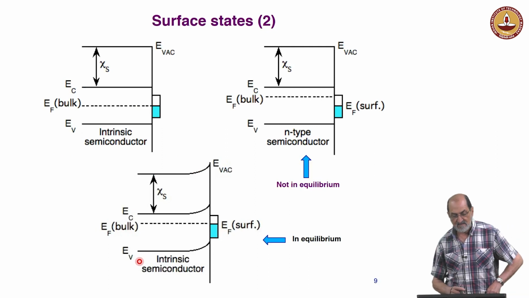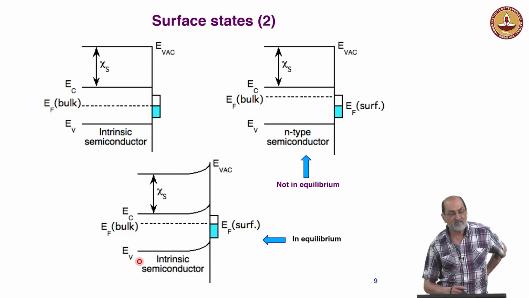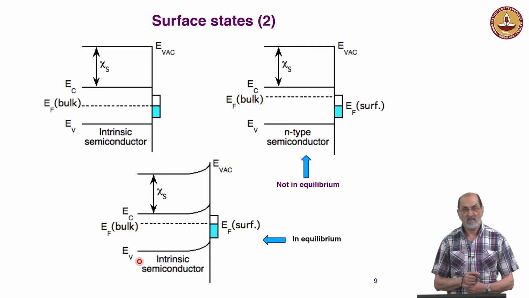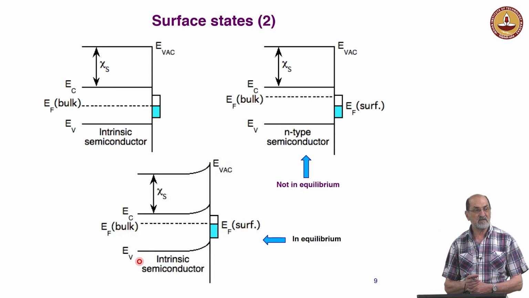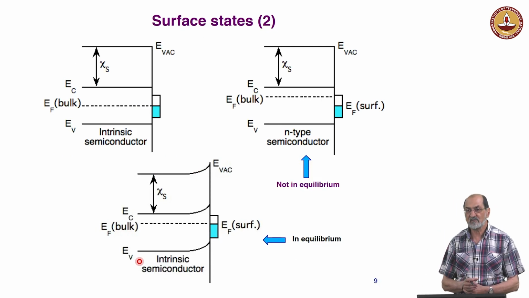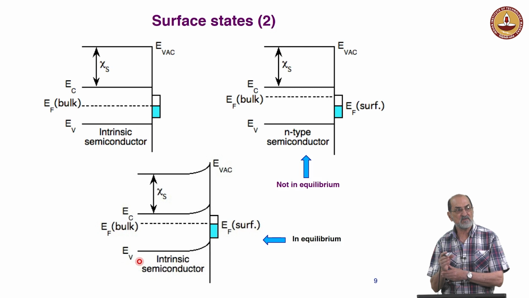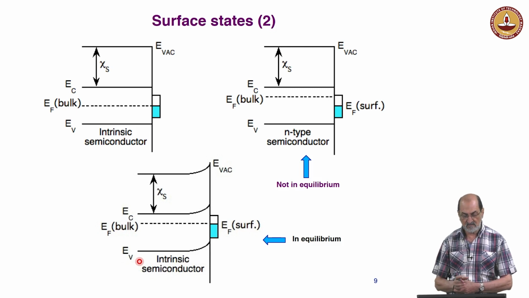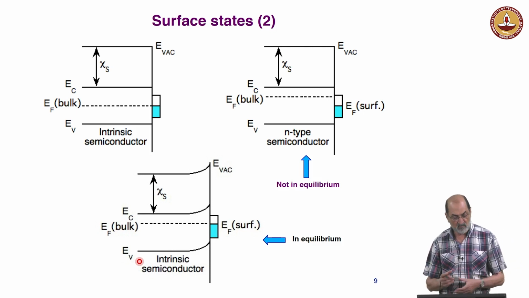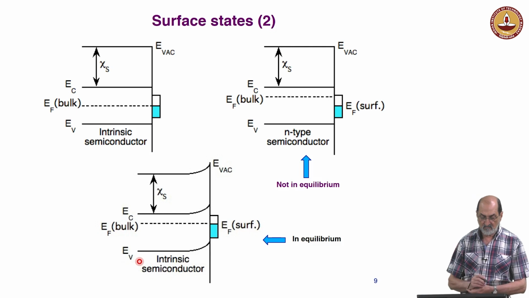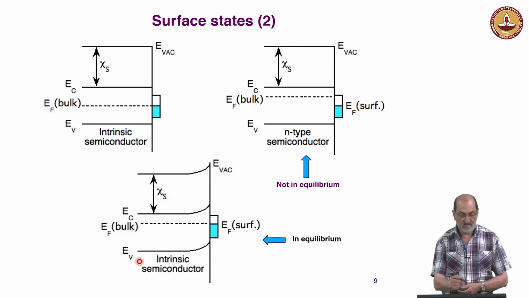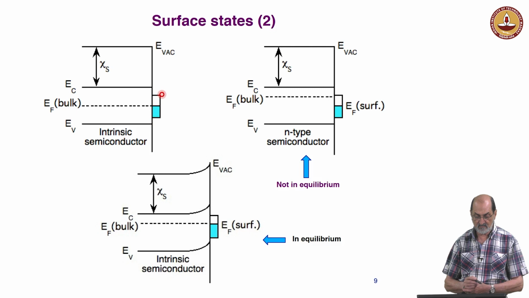Okay. Let's see what would happen if we have surface states of any origin. They could occur naturally because at the surface the translation symmetry is destroyed. The crystal ends. That could be one origin, among others. Suppose we have some surface states, that is, a density of surface states at the surface.